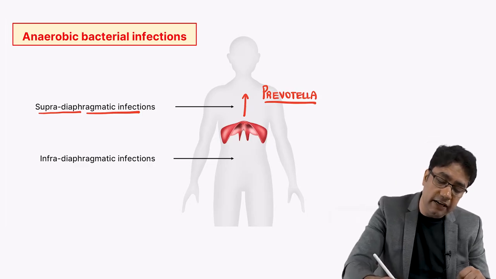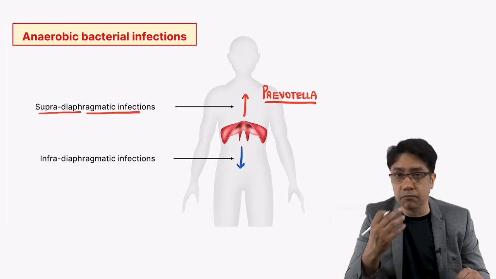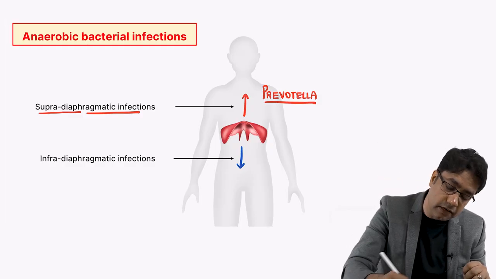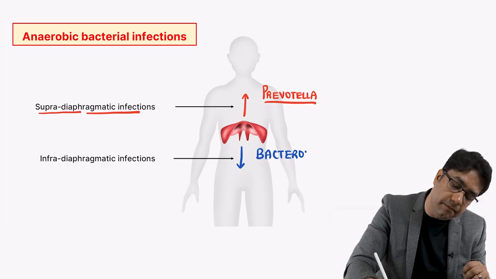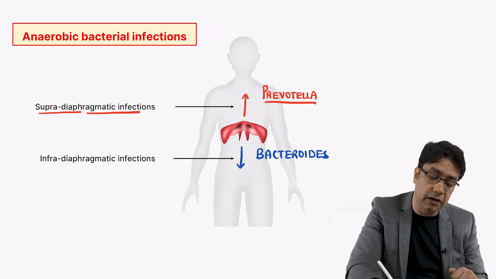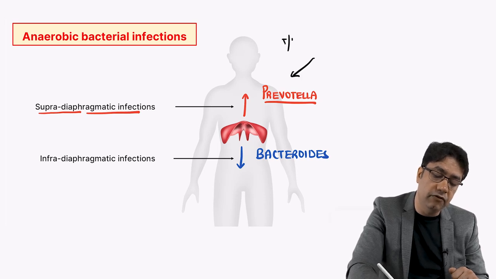And below the diaphragm, which bacteria causes most of the anaerobic infection? That is bacteroids. So above diaphragm, Prevotella causes. Below diaphragm, bacteroids causes. So what is the drug of choice for the treatment of Prevotella? For Prevotella, we give clindamycin.